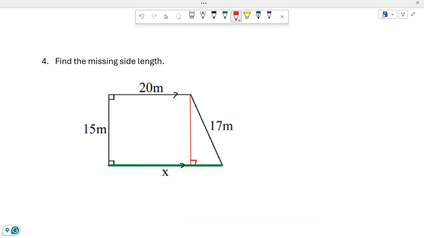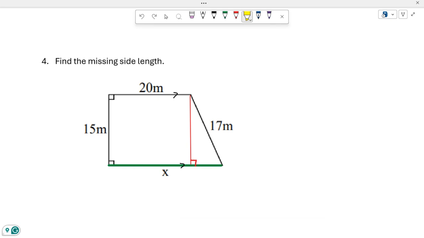So I want to pause there, and I want to make sure that everyone sees what I'm doing here. I'm taking my right trapezoid, and by drawing that altitude in red, I've separated it into a rectangle on the left and a right triangle on the right. So just make sure that you see that. And the reason why that's helpful is because I now know some of the things that are drawn in this picture.